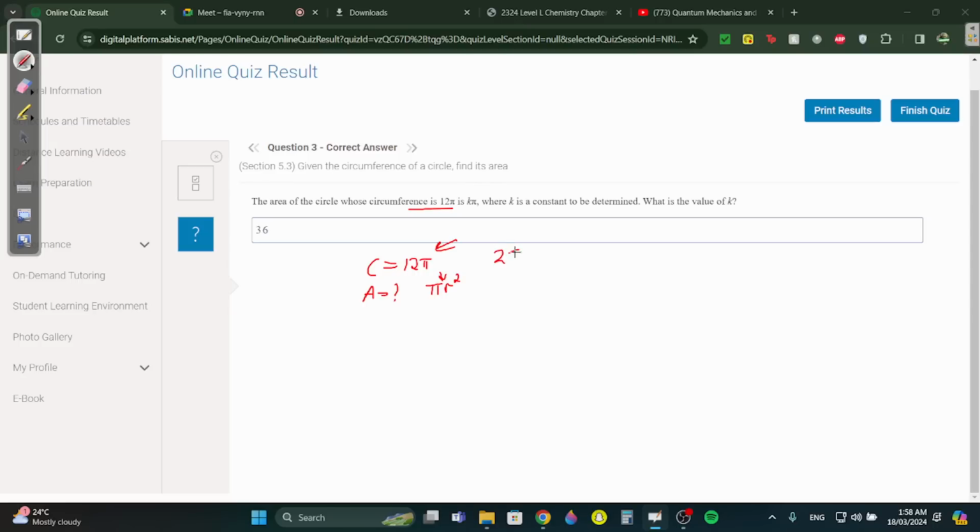The circumference is 2 pi r. 2 pi r equals the circumference, which they said is 12 pi. Cancel pi and pi. Divide by 2. You get r equals 6. Can I find the area? Yes, I can. Pi times 6 squared, which is 36 pi. They want it in terms of pi, but the answer is just 36.